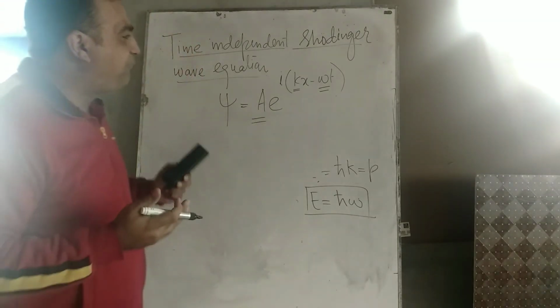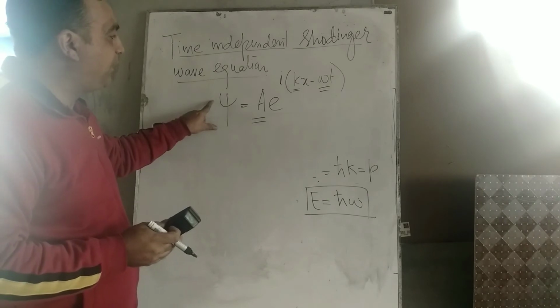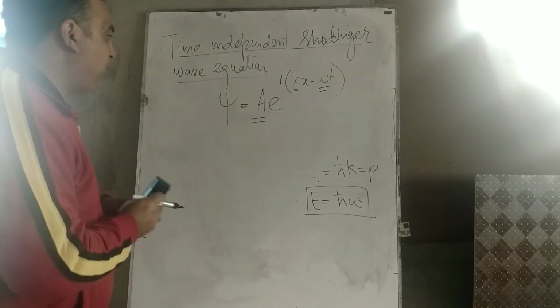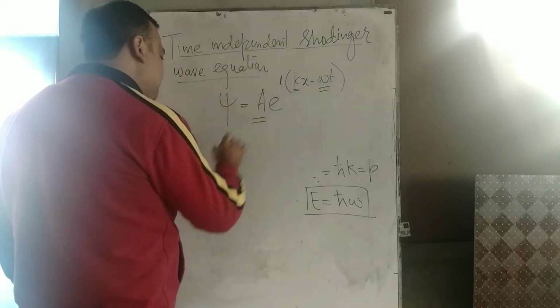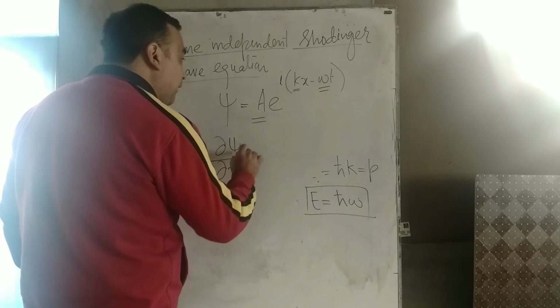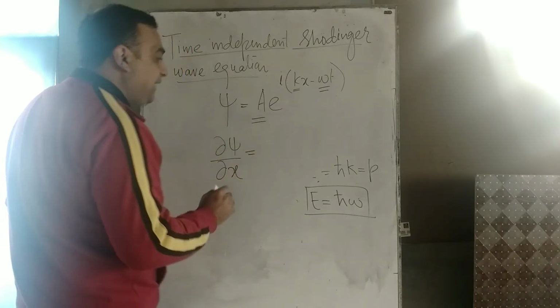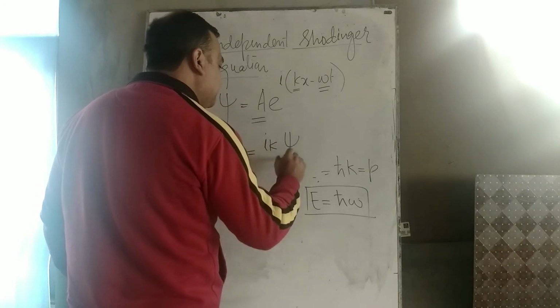So you have a freely moving particle, and the wave function of that freely moving particle is given by this. Now, if I take the partial derivative of this wave function with respect to x, what I'll get here is i k psi.